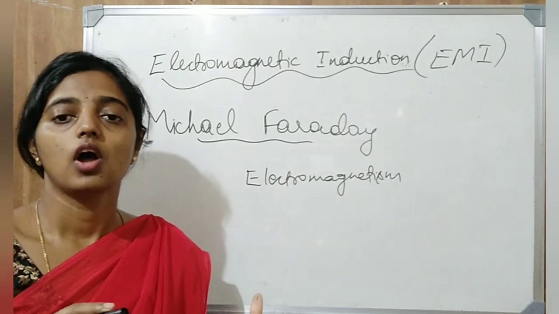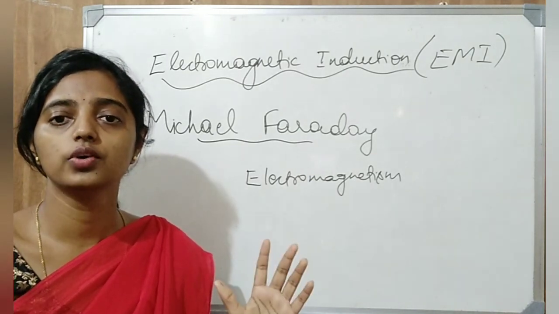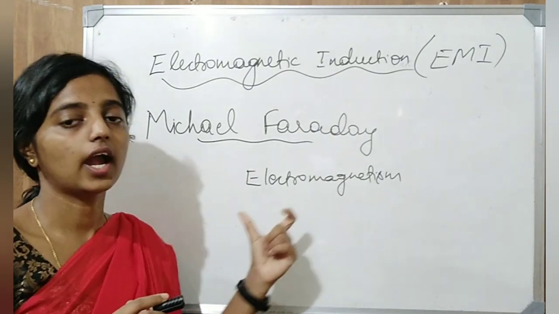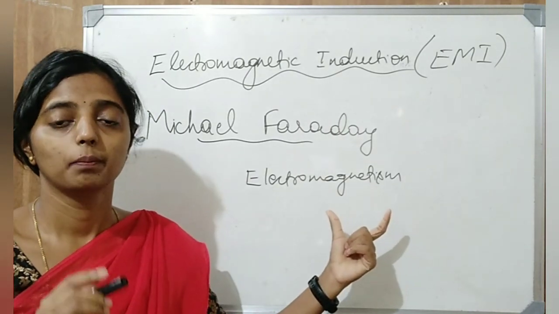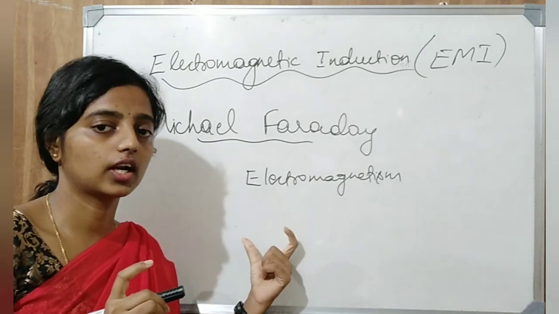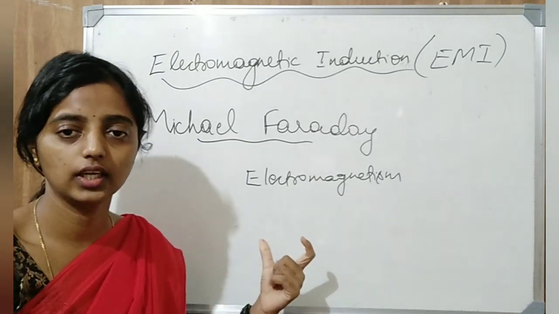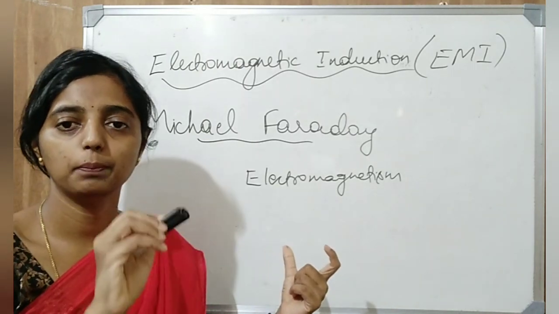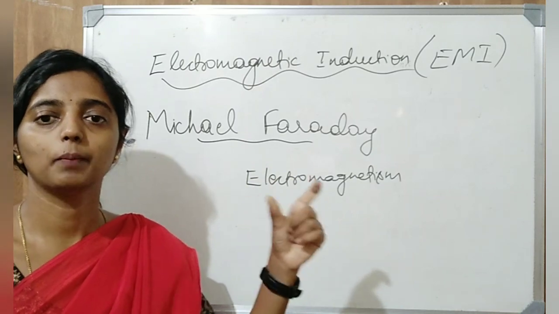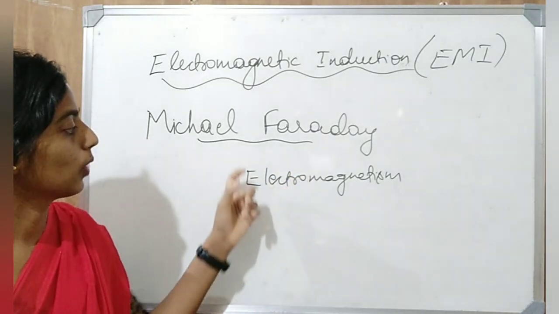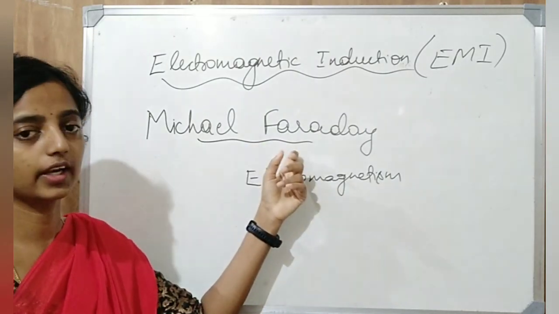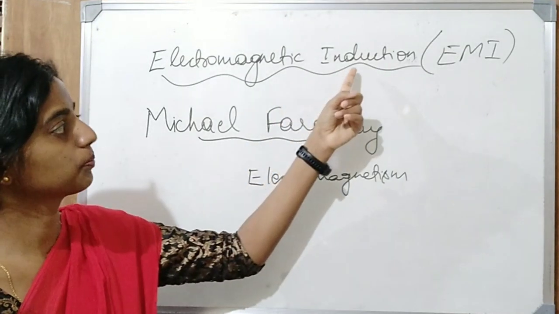But remember, Hans Ørsted is the one who discovered the link between electric current and magnetism, that is, when current passes in a conductor, a magnetic field is produced. But the one who gave the complete theory about electromagnetism was Michael Faraday, and who discovered the concept of EMI was also Michael Faraday.